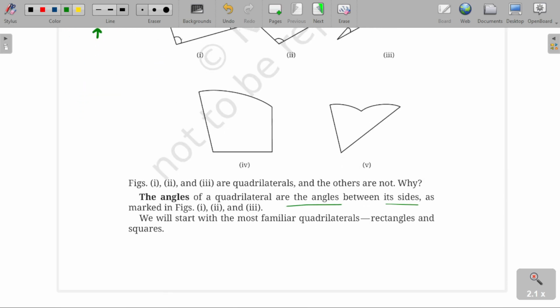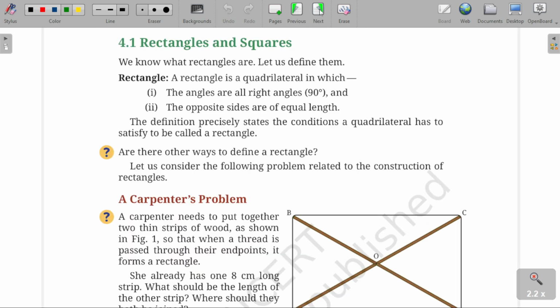We'll start with the most familiar quadrilaterals, rectangle and square. You are familiar with these figures, so we will know more about rectangles and squares, right? We are first starting with rectangles here.